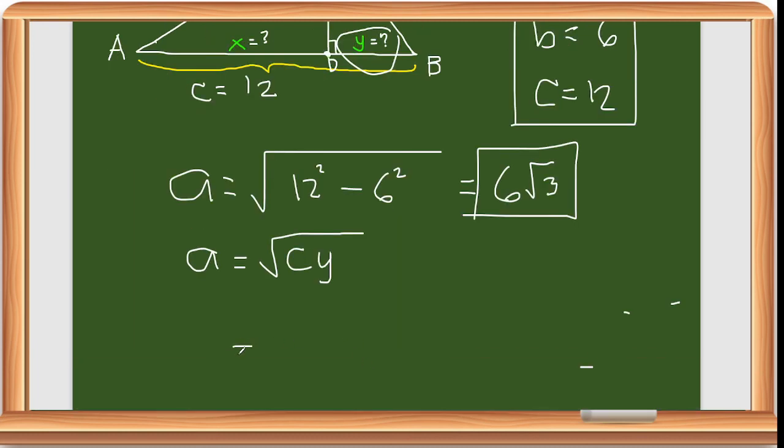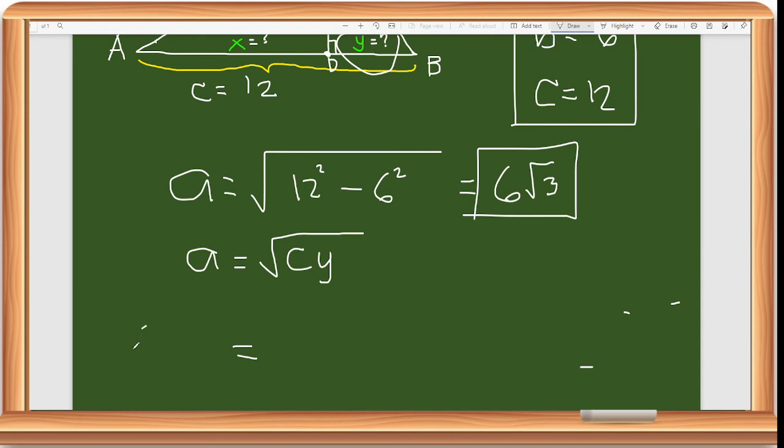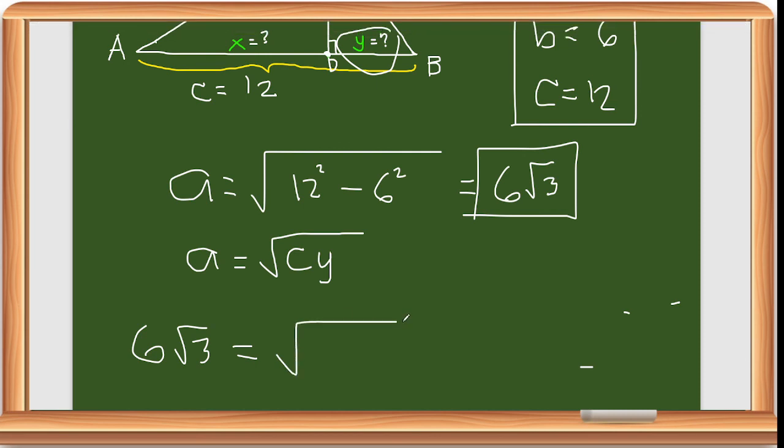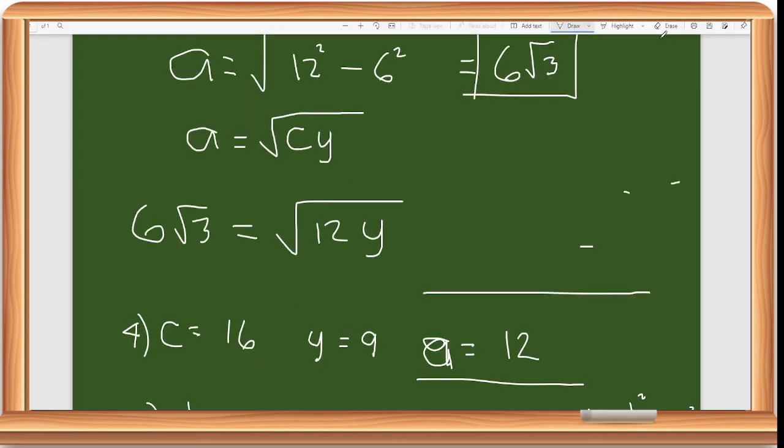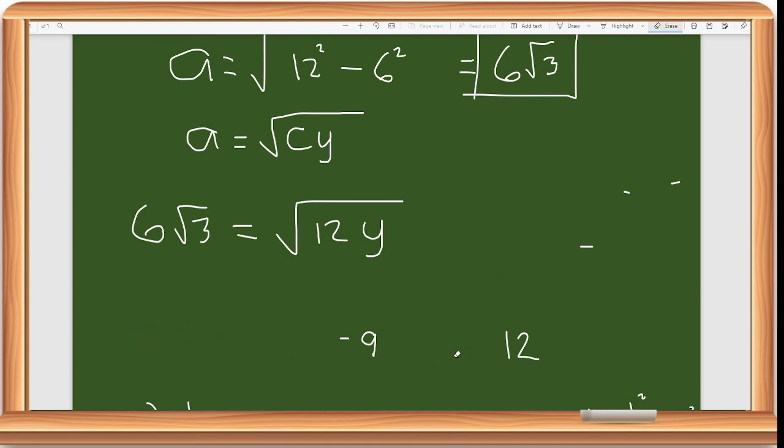Your A now is 6 times the square root of 3, kasi nakuha mo na yung A, and it is equal to the square root of, your C is 12, and then we are looking for Y times Y, no? So oops, burahin natin to dito para for the continuation. Siguro alam nyo na, no? Yun yung ibig sabihin kung bakit kailangan makuha mo na yung A and then yung Y.